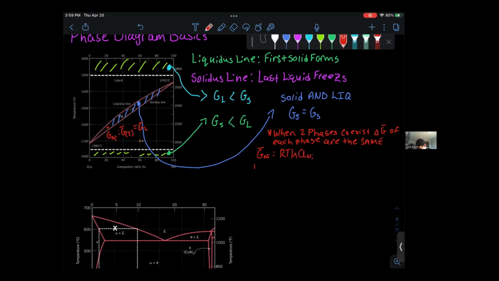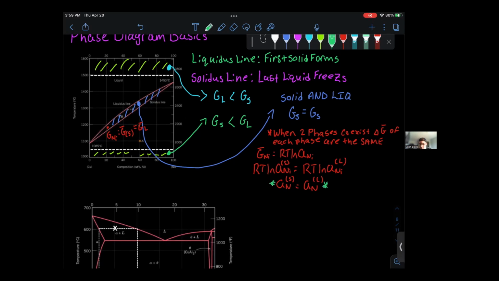So if the partial Gibbs free energy of nickel in the solid state is equal to the partial Gibbs free energy of nickel in the liquid state, we can say the activity of nickel in the solid state is equal to the activity of nickel in the liquid state. This is very, very important.